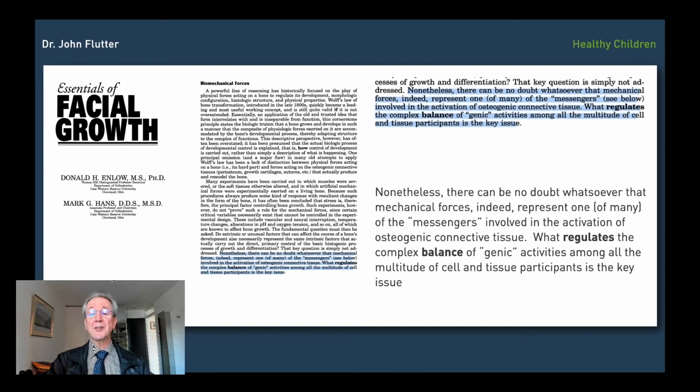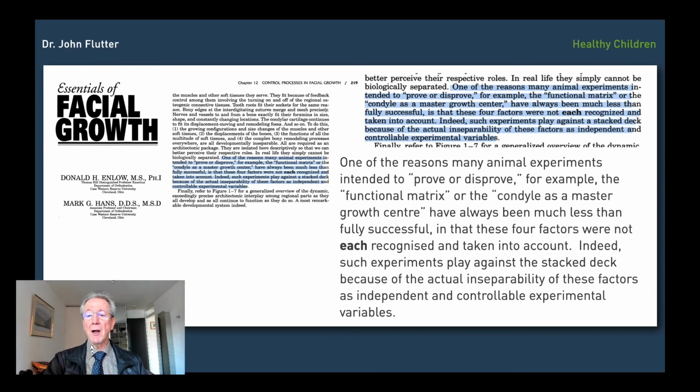What regulates the complex balance of these gene activities among all the multitude of cells and tissue participants is the key issue, and we can't deny that. But he goes on to say that anybody who tries to prove or disprove any of these theories, whether it's the functional matrix or the tropic premise, is faced with all of the factors that Enlow describes in his textbook, and he describes four factors that will have an influence on this growth and development.